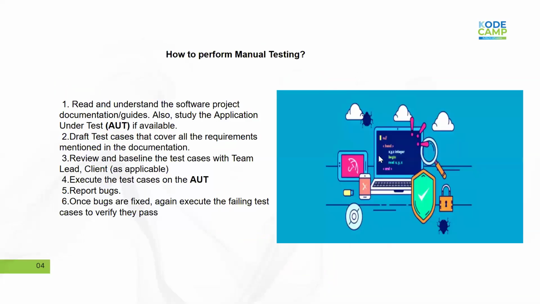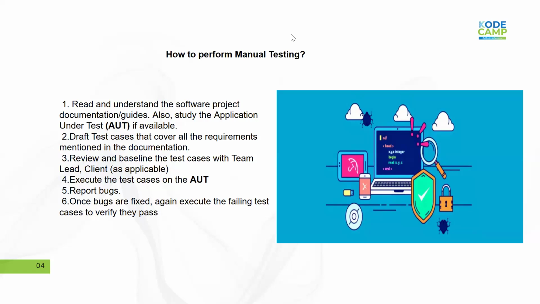So how do we perform manual testing? The first thing we have to do is to read and understand the software. We have to read and understand the software documentation very well, and also the application under test, if available.